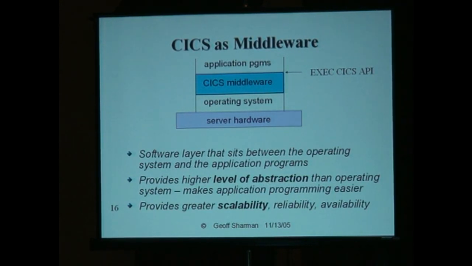So this meant that the application only knew about CICS. It provided a higher level of abstraction of the operating system, and the principal reason for this was to make application programming easier, but it also had the advantage of bringing lots of other things with it, because we could do things that the application didn't know about.